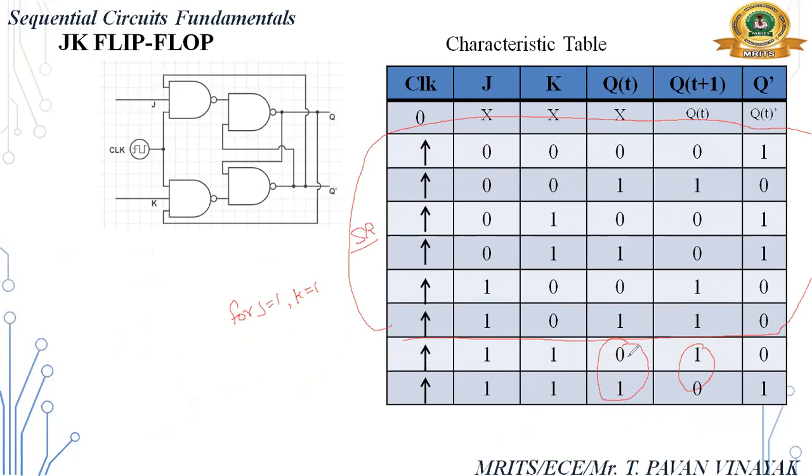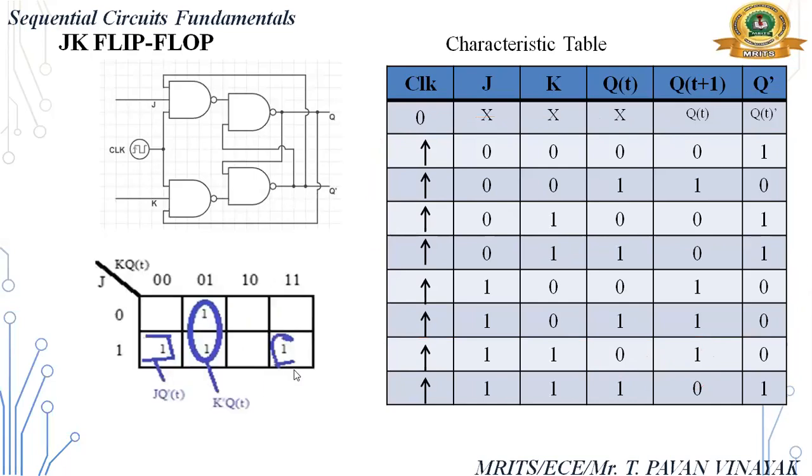So here Q of t is 0, so Q of t plus 1 is 1. Here Q of t is 1, Q of t plus 1 is 0. So that is the characteristic table. Next, characteristic equation: Q of t plus 1 is J Q bar t plus K bar Q of t.